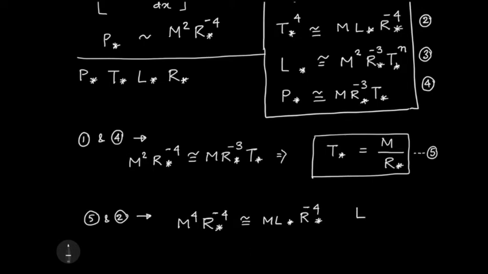So you get L star goes as M cube. We have not done much yet, but we have already got the mass luminosity relation.